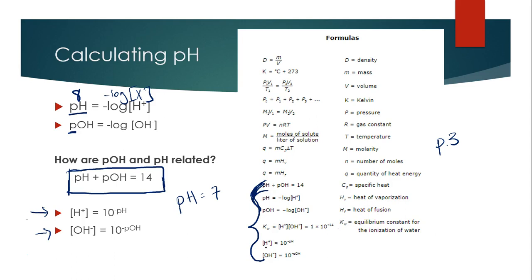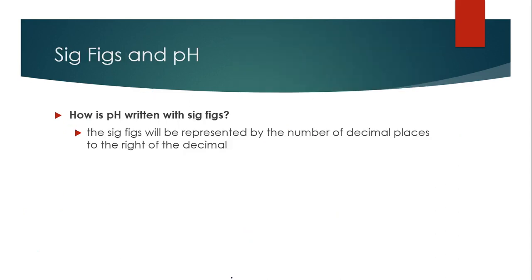So if it asked me for one of these without giving me the pH, if it gave me the pOH, but it wants me to find this, I could use this formula to work backwards. So what we're going to do now is some sample problems with these and show you how it works. Before we go, I'm sure you would love a new rule with sig figs.